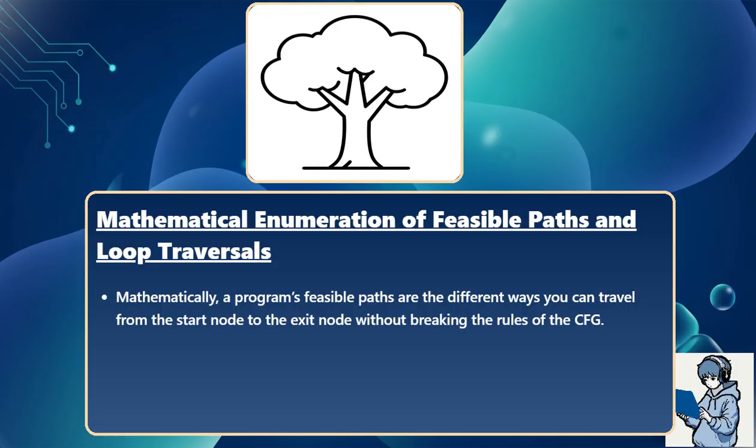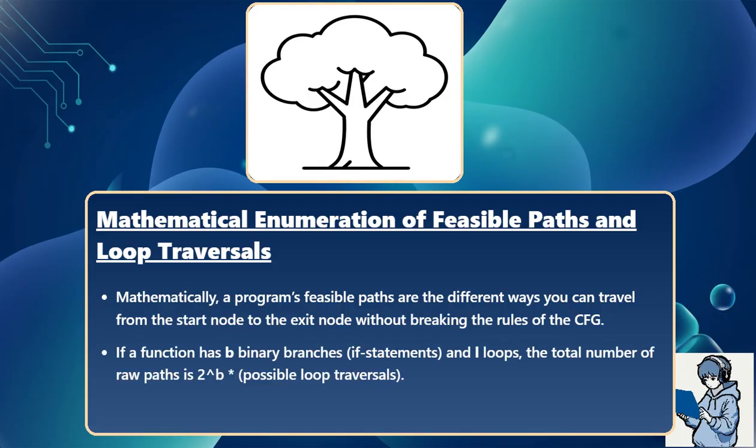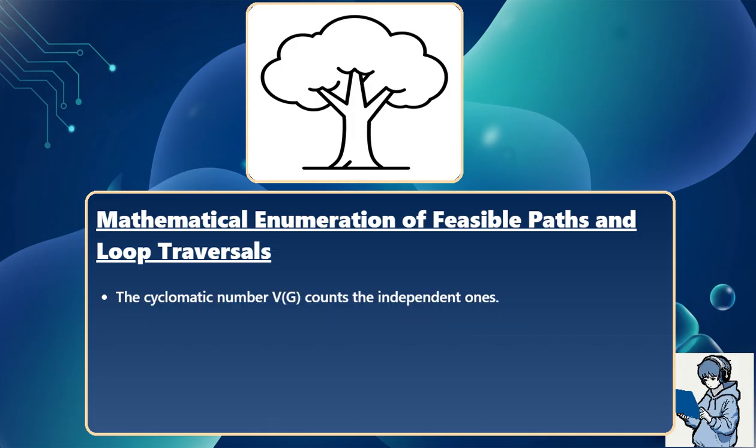Mathematically, a program's feasible paths are the different ways you can travel from the start node to the exit node without breaking the rules of the control flow graph. If a function has b binary branches, if statements, and L loops, the total number of raw paths is 2 to the b power times possible loop traversals. However, many of those paths are not independent, they share edges. The cyclomatic number V(G) counts the independent ones.